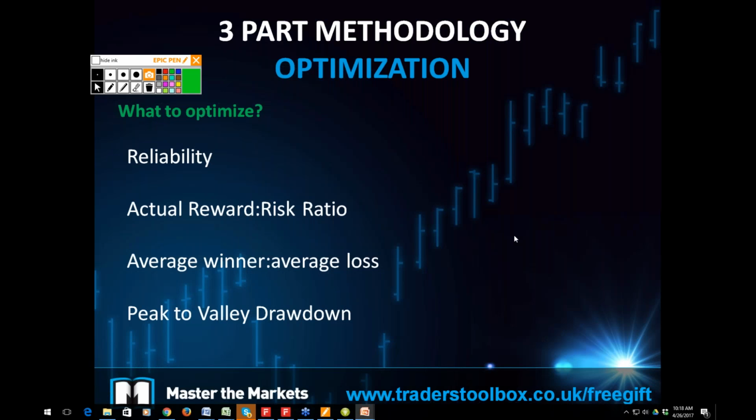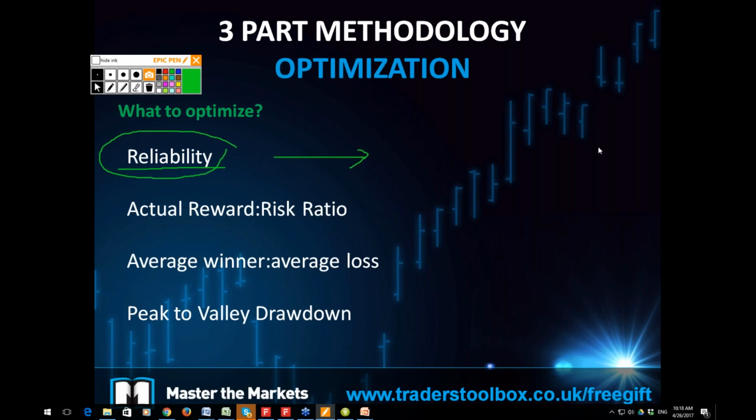Okay, next, what to optimize? The first thing you need to optimize is to look into your stats, which is your reliability. Reliability basically means how many times your trade wins as opposed to losses.